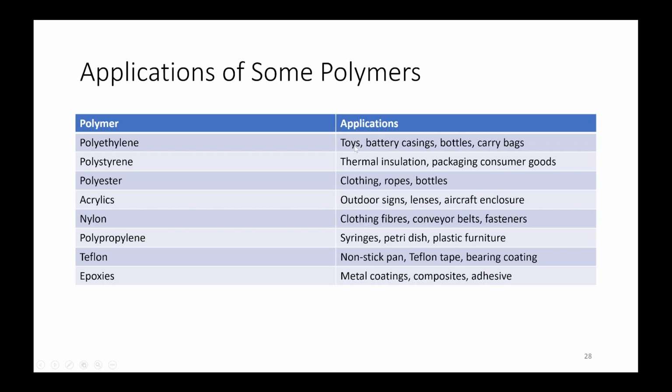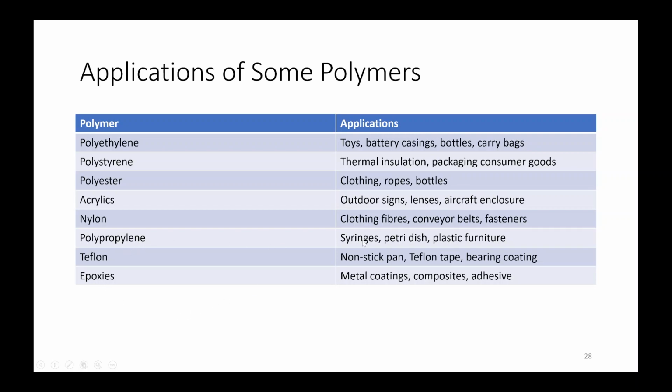It is used in making toys, battery casings, bottles, carry bags, etc. Polystyrene is used in making thermal insulation, packaging consumer goods, etc. Polyester is used in making clothing, ropes, bottles, etc. Acrylics are used for outdoor signs, lenses, aircraft enclosures. Nylon is used for making clothing fibers, conveyor belts, fasteners.